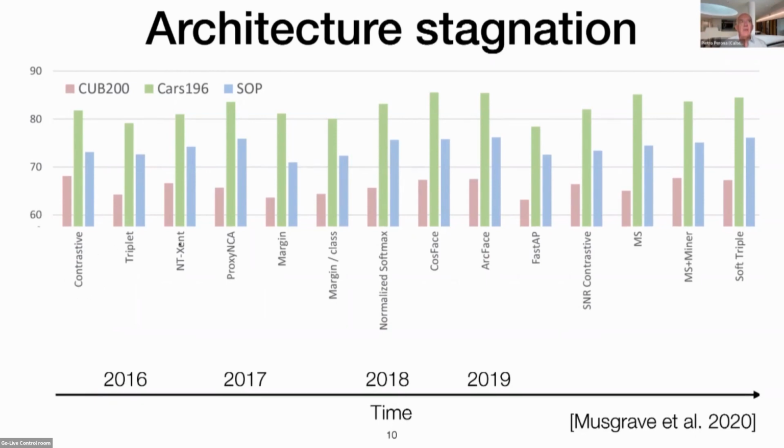Each group of 3 bars is a new architecture that was introduced through the years. What they say is that if you train these architectures, even the new ones, using the same care, the performance of the old ones and the new ones and different learning algorithms and so on doesn't change. And so we don't seem to be very lucky with new architectures. Of course, we have to keep pushing on this.